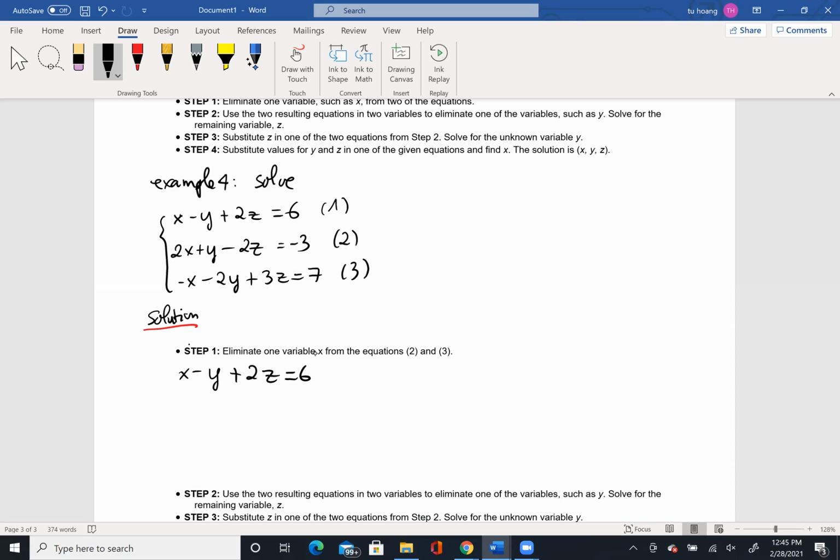This is the first equation, and the second one is 2x plus y minus 2z equals -3. All right.